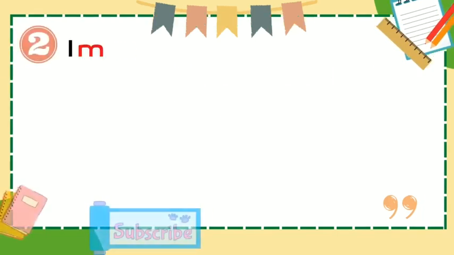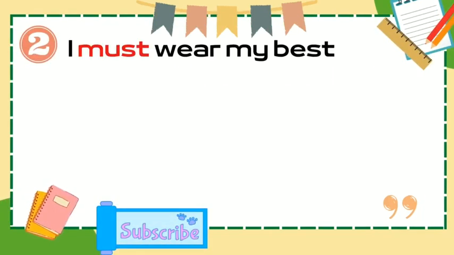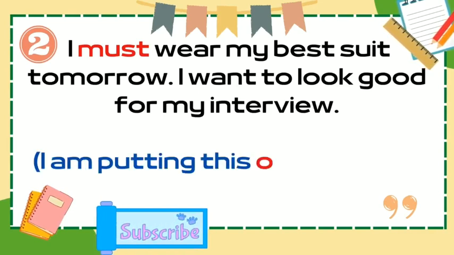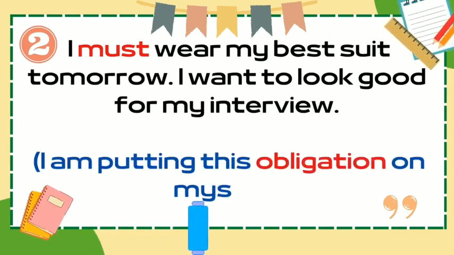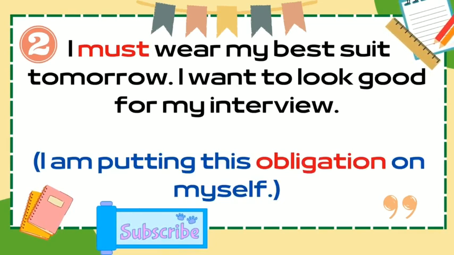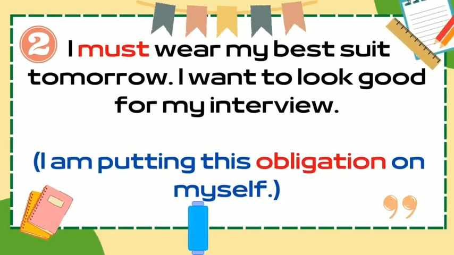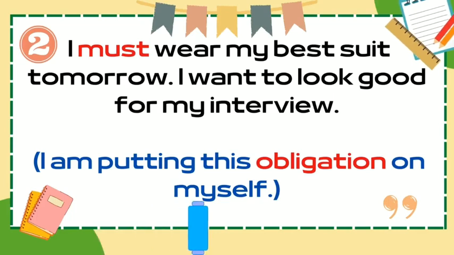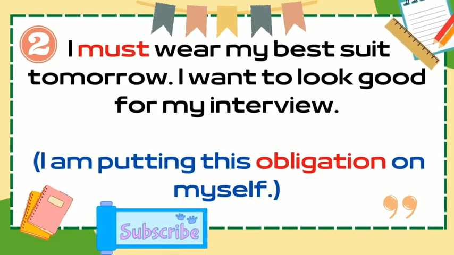Okay. The next example. I must wear my best suit tomorrow. I wanna look good for my interview. Here, I am putting this obligation on myself. So, this is internal obligation, not external one.